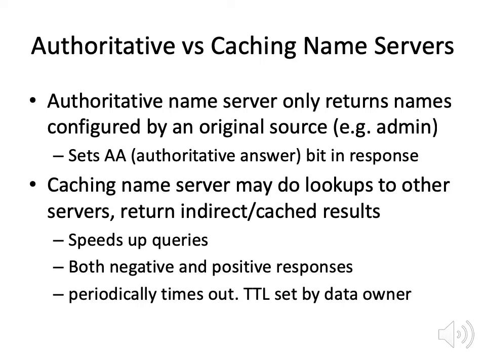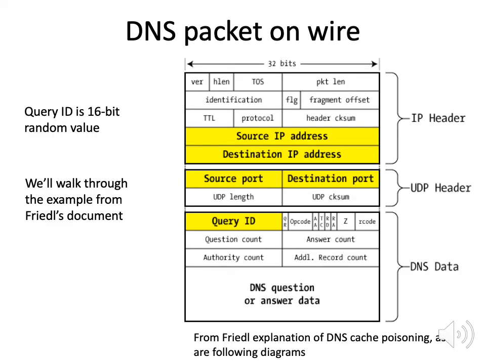So let's look next at the format of a DNS packet on the wire and walk through the protocol. So this is the format of a DNS packet. This is taken from a paper listed on the webpage by Friedel on how DNS poisoning works. DNS is an IP protocol. So at the top we have the standard IP header, which has the source and destination IP address.